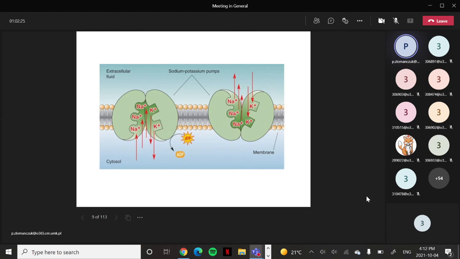Hence, an increase in negativity of the intracellular charge, because there are 3 positive charges associated with sodium going out, and only 2 positive charges associated with potassium coming in. So that is the electrogenic effect of the pump's work.